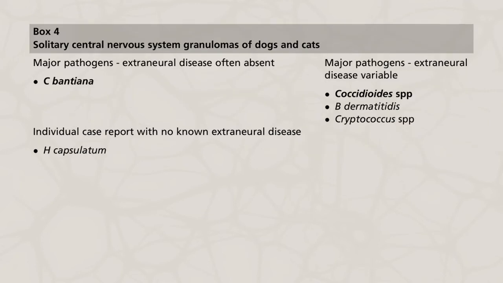A single granuloma on advanced imaging may occur in one of 2 settings, and in either situation can be mistaken for neoplasia. The pigmented hyphae organism, Cladophialophora bantiana, is neurotropic and can form an intracranial granuloma without extracranial involvement.